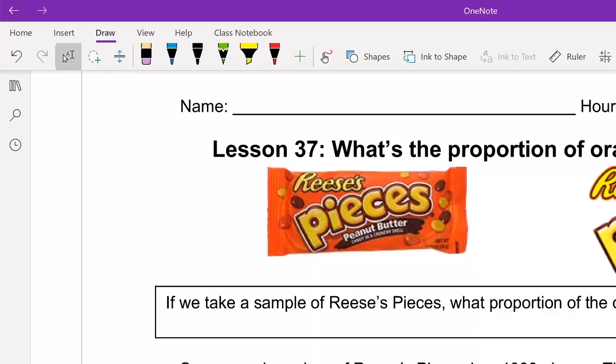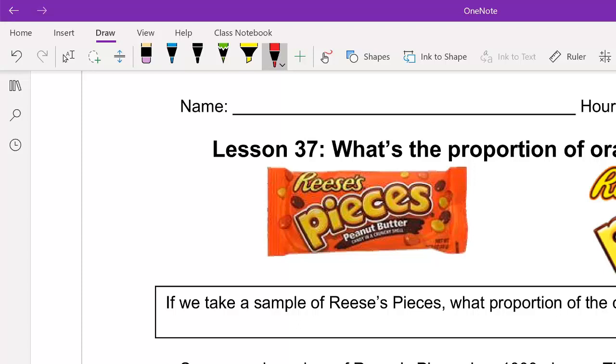The number of trials is fixed. It's 50 candies, and the probability of success remains the same throughout. So it looks like we have binomial because we have B, orange or not. We have I. In this case, it's not technically independent, but the 10% rule says that 50 is less than 1/10 of 1,000 because there's 1,000 pieces.